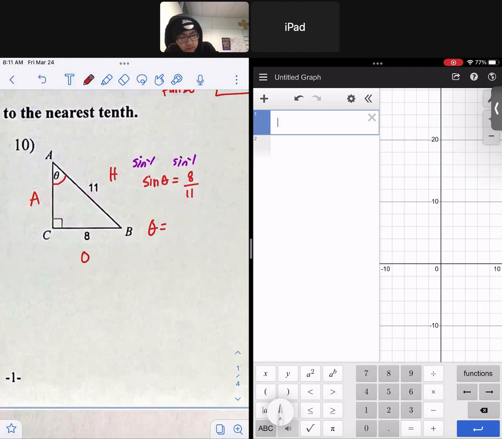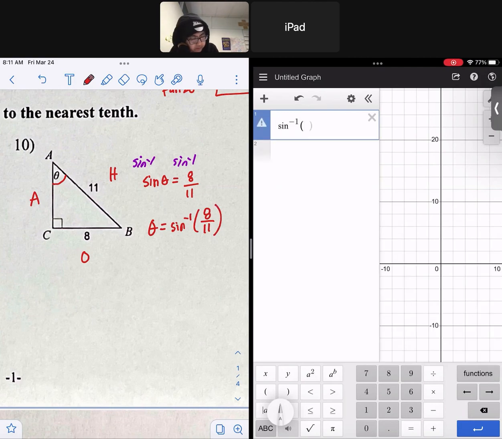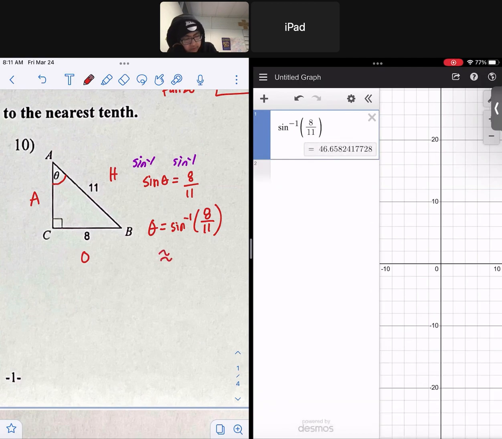So theta is gonna equal sine inverse of 8 over 11, which is going to be 8 divided by 11. Round it to the nearest tenth, you guys, 46.7 degrees. You gotta round the 6 up because in the hundredths place, it's a 5, so we round the tenths place up by 1.